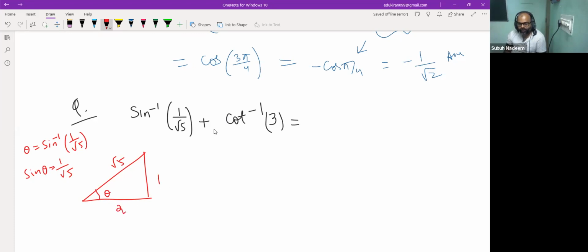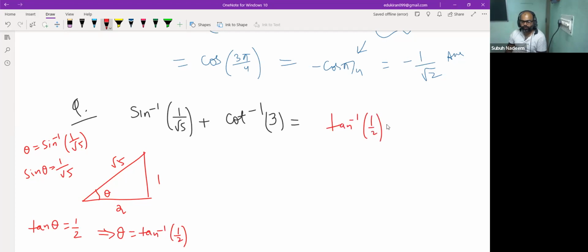So tan theta can be written as 1 by 2, so theta can also be written as tan inverse of 1 by 2. And cot inverse 3 can be written as tan inverse 1 by 3.